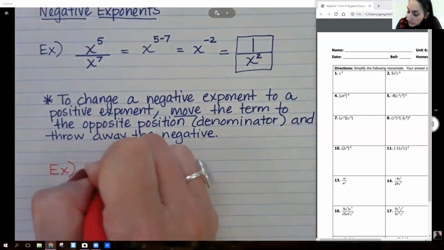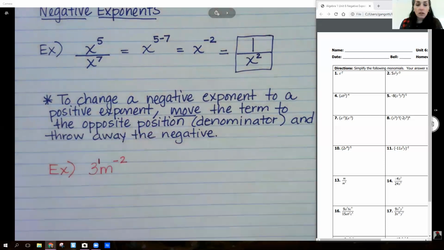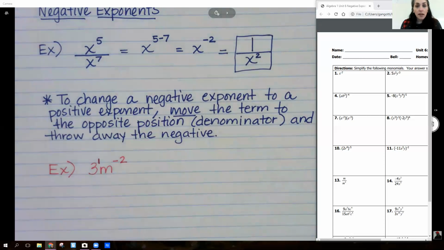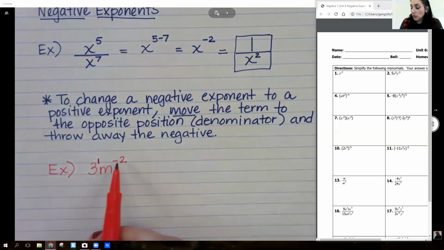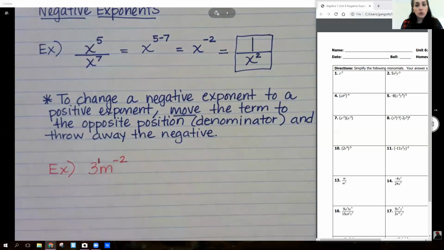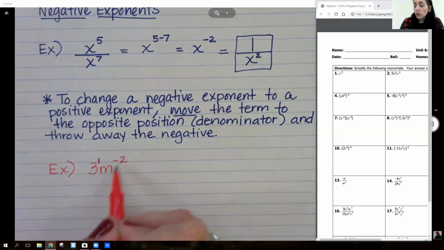The 3 has its own exponent, which is a little 1 there, okay? If there were parentheses around the 3 and the m, then we would have to distribute this -2 to each of their exponents, but there's no parentheses in this problem. So the -2 only goes with the m, okay?